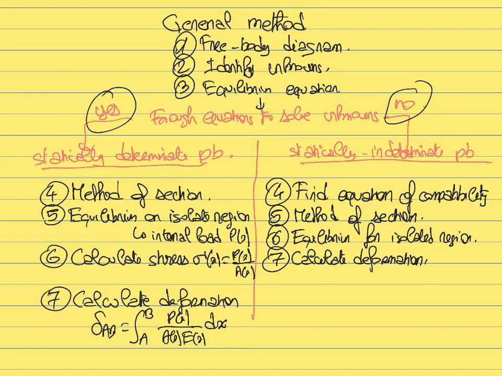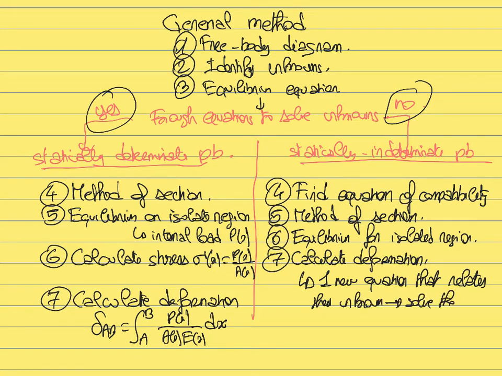And then, once you have done this step 7, you will have a new equation that relates the unknowns. And once you have this new equation, it means that now you will be able to solve for the unknowns.